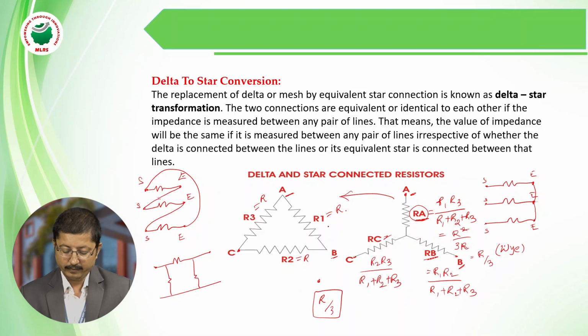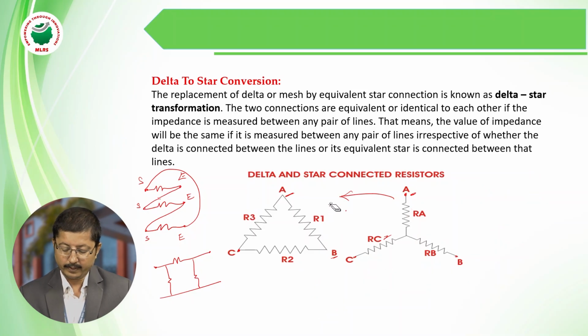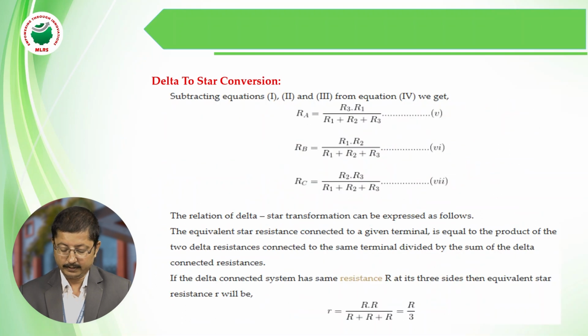First, to find R1 when converting from star to delta, let us see the formula here.